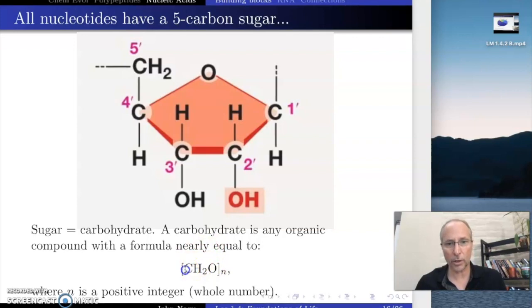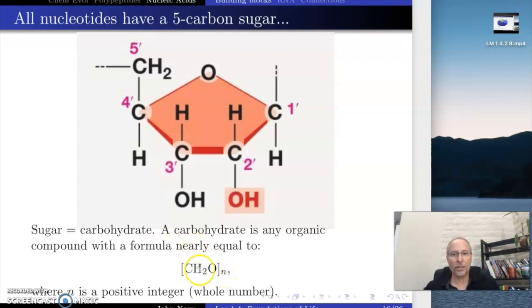And that's why we can write carbohydrates in this formula right here, CH2O. And then this N represents that pattern is repeated some number of times. In this case, N is 5, because it's 5 carbons, 5 of those, 5 oxygens, and 10, 2 times 5, hydrogens. Glucose, C6H12O6, same sort of thing. We could be CH2O to the 6th.